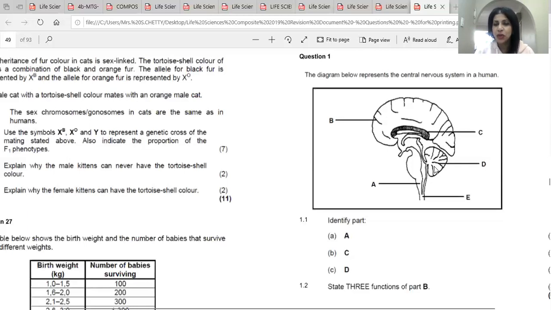And C for the coordination of voluntary movements. So whilst the cerebrum controls voluntary movements, the cerebellum coordinates voluntary movements. Is that okay so far? Easy to remember: control, short word, cerebrum, short word. Coordination, long word, cerebellum, long word. So that's how you will not confuse those two terms.